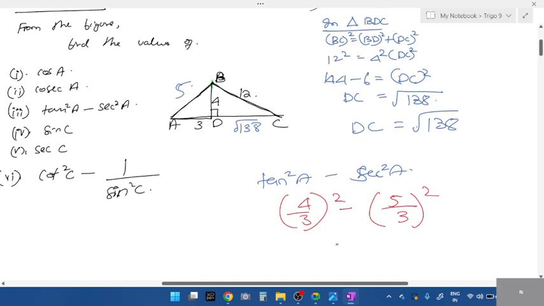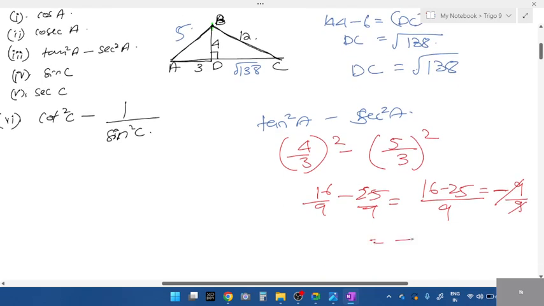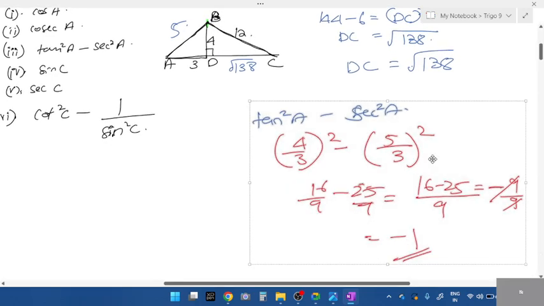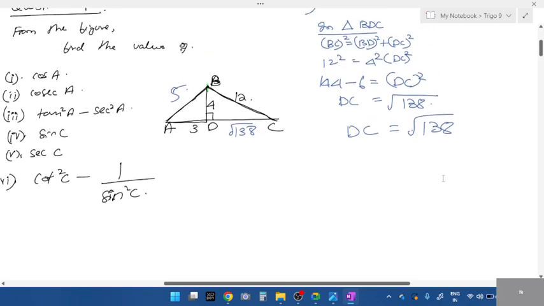When you solve this, what do you get? 16 by 9 minus 25 by 9. What is 16 minus 25? Minus 9 or plus 9? Minus. Minus 9 divided by 9 is 1 or plus 1? Minus 1. The answer for this is minus 1. Next question. Good. So if it is minus 1, just write it as it is.